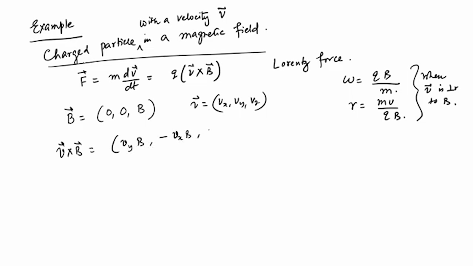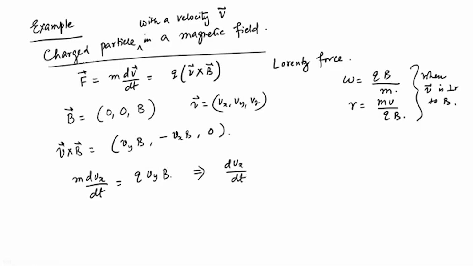Vx B and a 0. So, that tells you that we can write down the equation of motion, which is F is equal to m dv/dt. So, it will be m dVx/dt, that is equal to q Vy into B, and so this gives you dVx/dt.